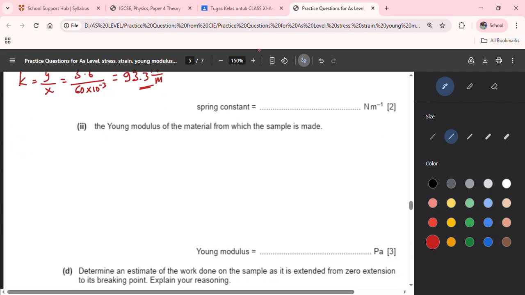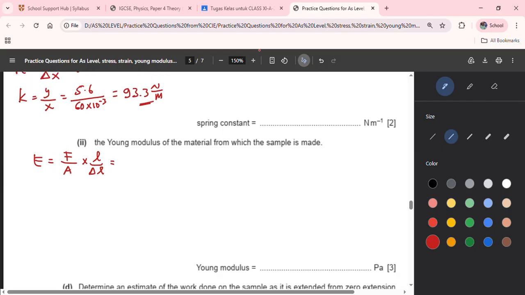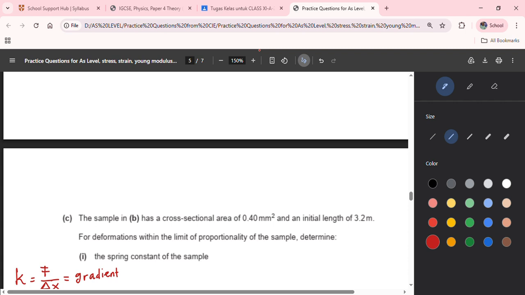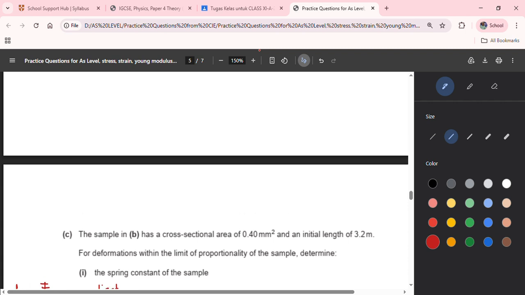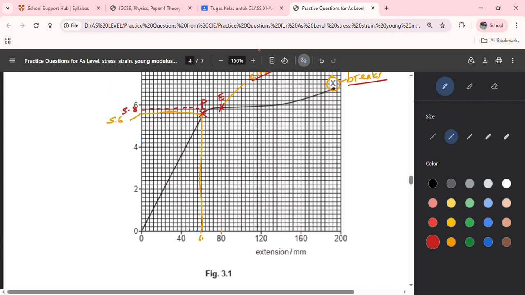The next one, the Young modulus of the material from which the sample is made. So what is the Young modulus formula? Young modulus formula is force times L divided by A times delta L, or stress divided by strain. So what is the force here? Let's say the force is this one, 5.6 Newton. If the force is 5.6, the extension is 60.